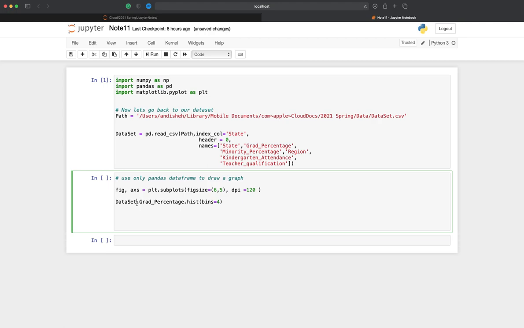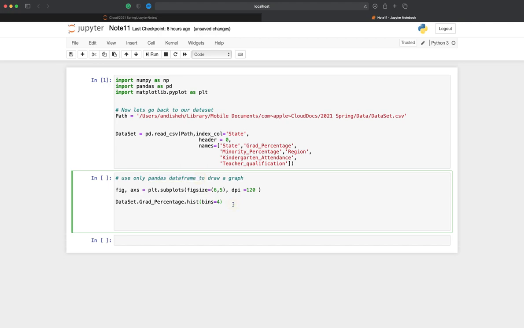So as you know, this is a numerical variable and this is the dataset I created here, and then I'm choosing the column from my dataset and I'm going to create a histogram of this column, right? So the way I'm drawing a histogram here is based on the data frame I created.